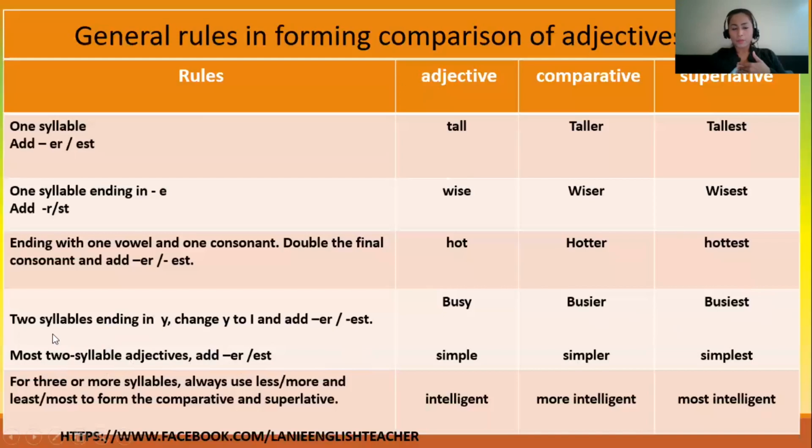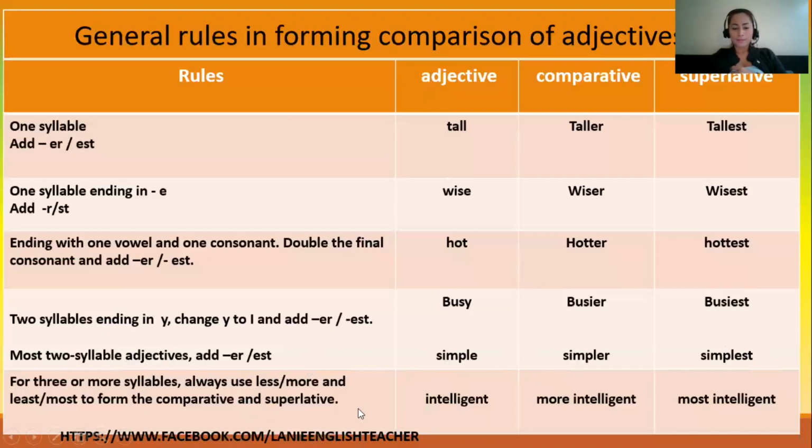So for two-syllable adjectives, you add er or est. Like for example, simple. So there are two syllables here, sim and ple. So we just add er to form its comparative and we add est to form its superlative.